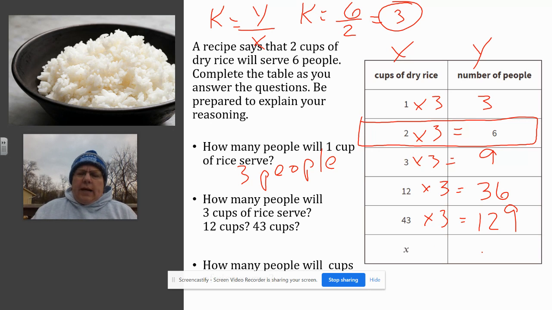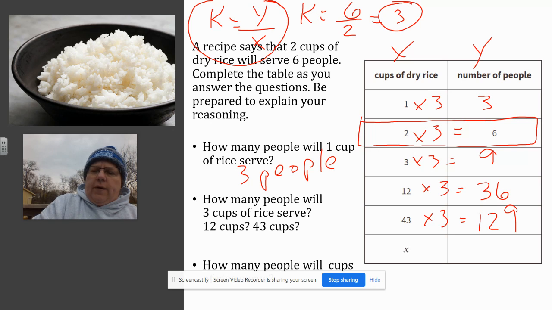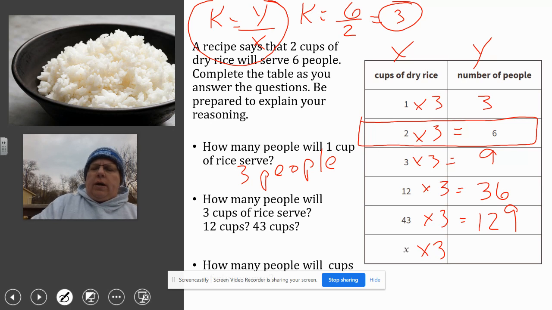Let's look at this last one. This last one is our x value. So I have an unknown number of cups of rice. And so I can actually figure out my equation doing this. If I go back up and I look at this original equation up here of k equals y over x, right now there's nothing over x, but we did say that for every x value, we can multiply by 3.